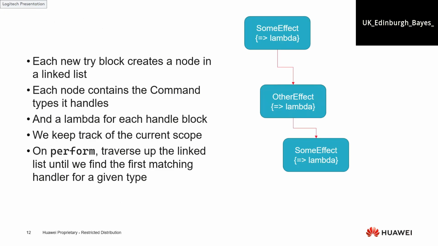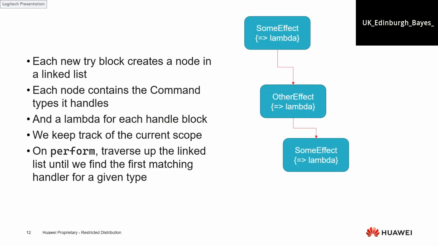When we create a try block, regardless of whether we spawn a thread or call a lambda, we create a node in a linked list, and each node contains another list of the command types that are handled by the associated handlers in that try block. It also has a lambda or closure for each handler function. And we keep track of the current scope by keeping track of which position in this tree we are.